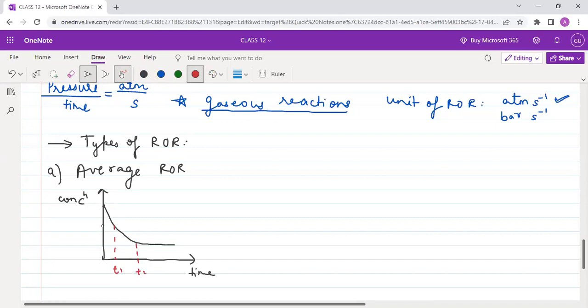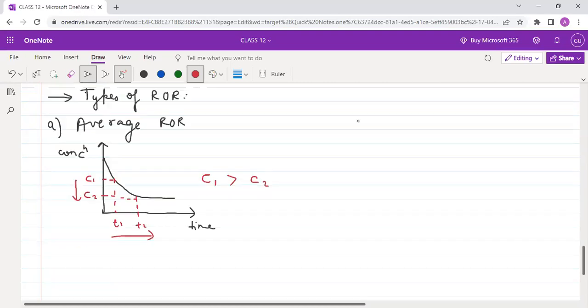Now you can see at T1, the concentration is C1, and at T2, the concentration is C2. C1 is greater than C2. And you can see that with change in time, the concentration is decreasing. That's why the graph is like this.